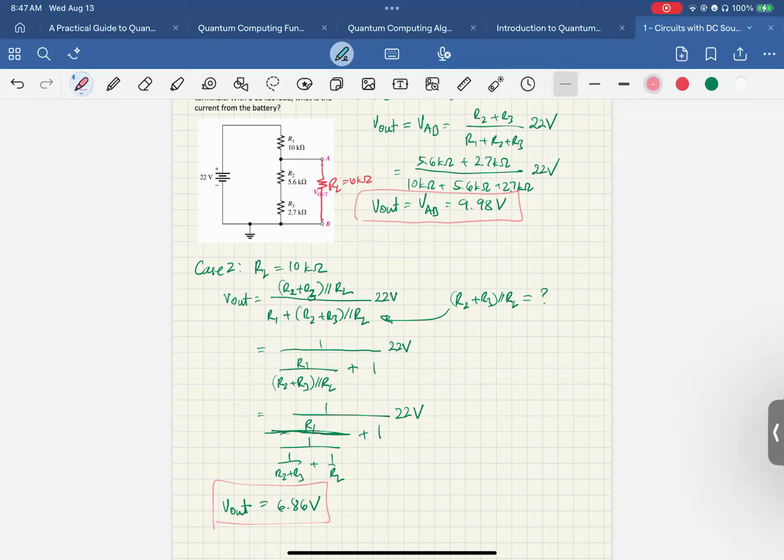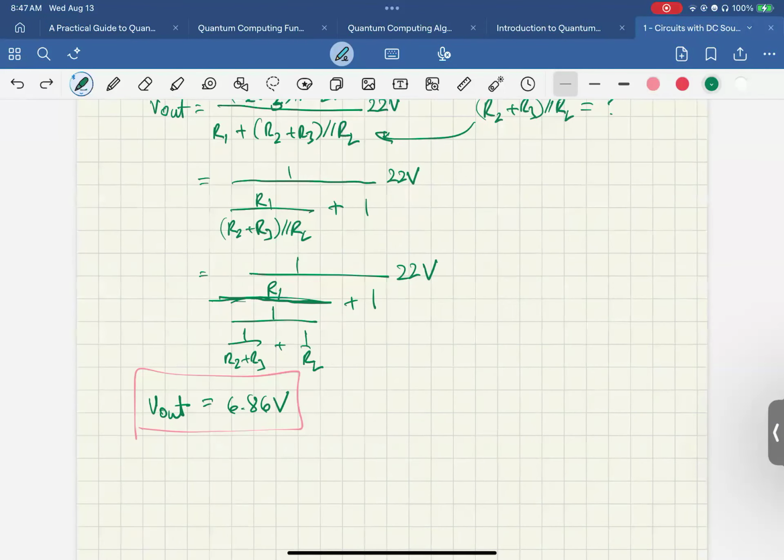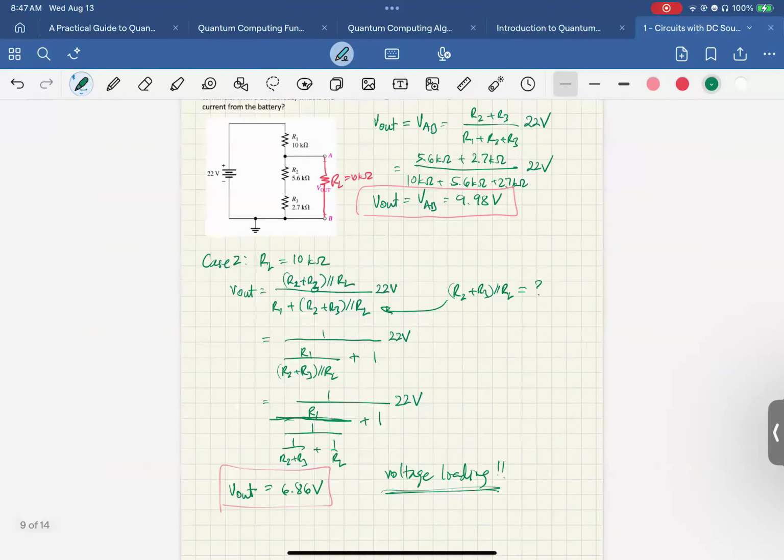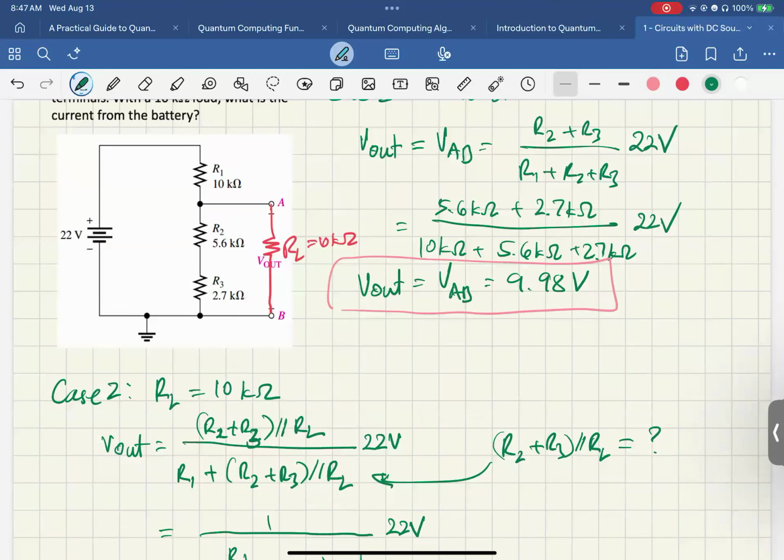So ang tawag dito sa effect na to is voltage loading. And the reason this happens is because yung load resistance has a value that is near yung sum nila. 5.6 plus 2.7 is, sorry, 8.3 kilo ohms. So magkalapit yung values nila, di ba?